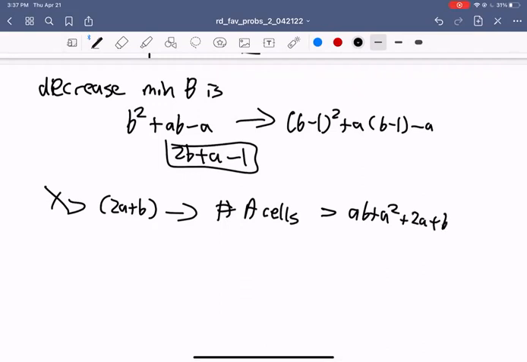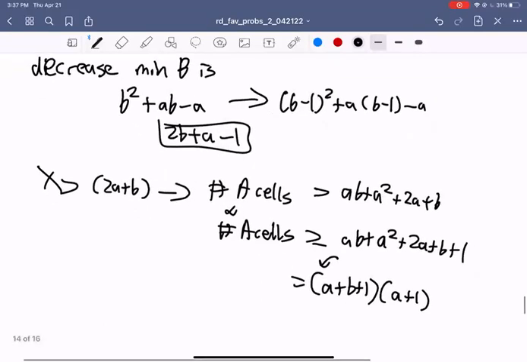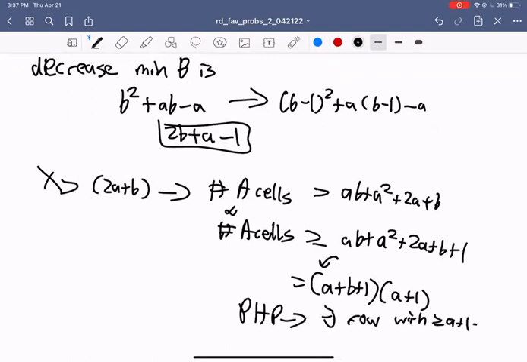And now we can observe that this means that the amount of amber cells is greater than or equal to AB plus A squared plus 2A plus B plus 1. We want to see what we can find about each individual row from this. And we can observe that this is equal to A plus B plus 1 times A plus 1. Which means that by pigeonhole principle, there exists a row with at least A plus 1 amber cells.